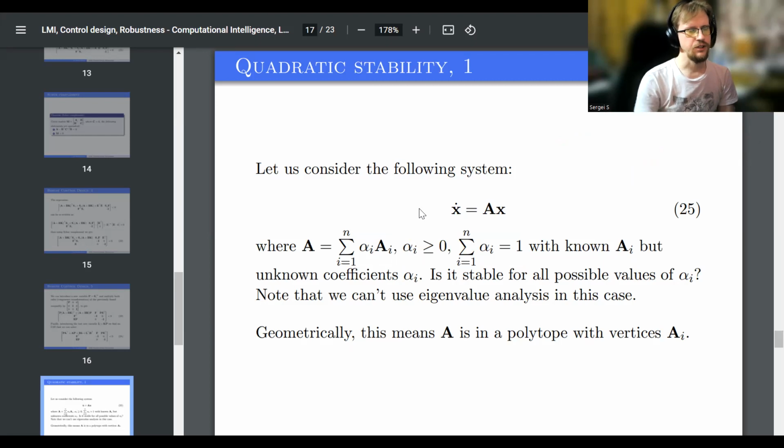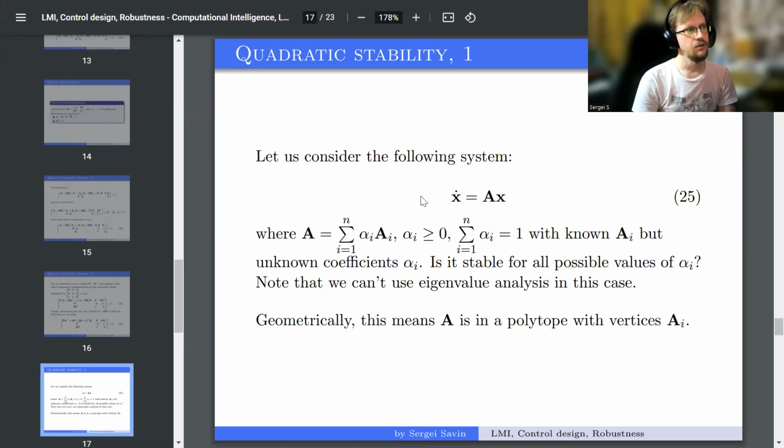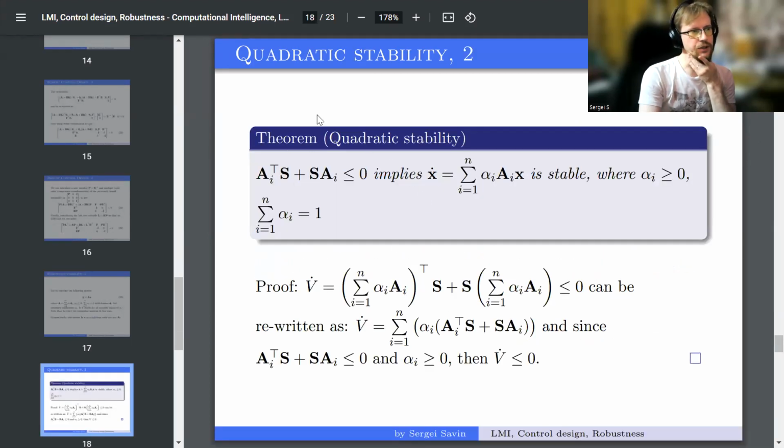Right. So let us look at how we can work with it. If we can find such S that A i times S plus S times A i is negative semi-definite for all A i, then this system, where A just lies inside this polytope, where those are the vertices, is also stable.